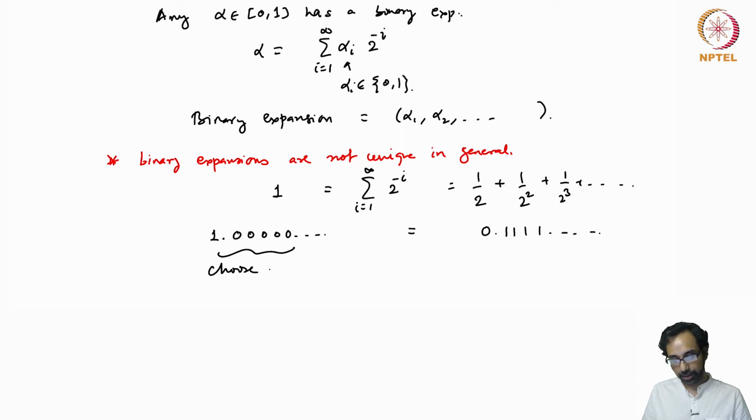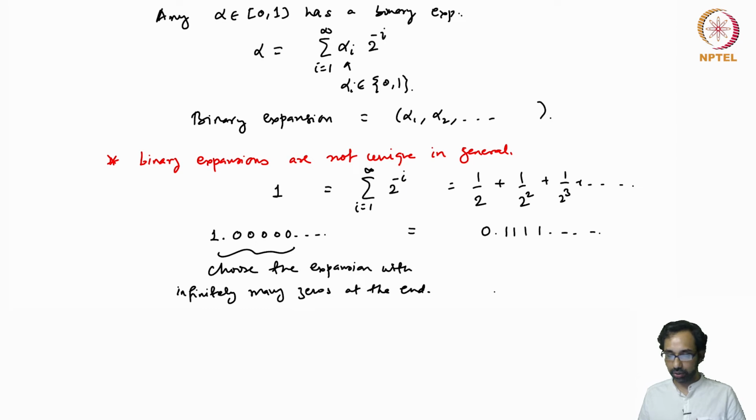choose the expansion with infinitely many zeros at the end of the expansion. So this is the only possible ambiguity, by the way. There are no other possibilities because we are just having zeros and ones.